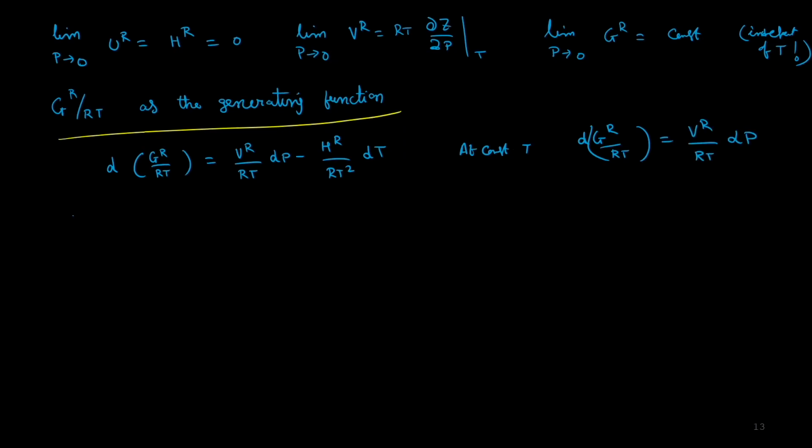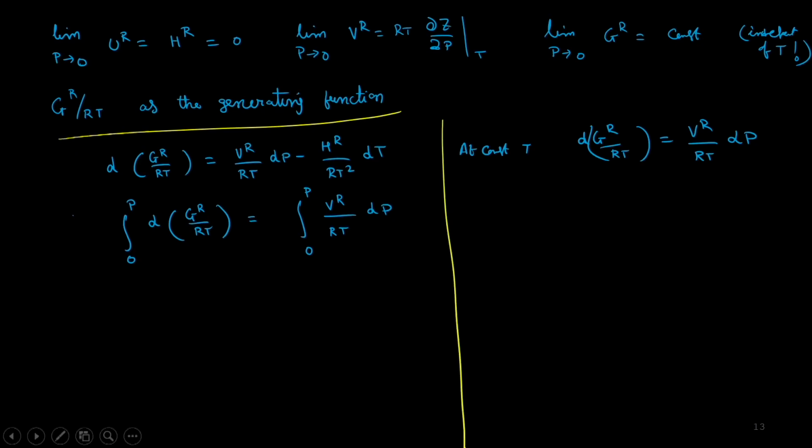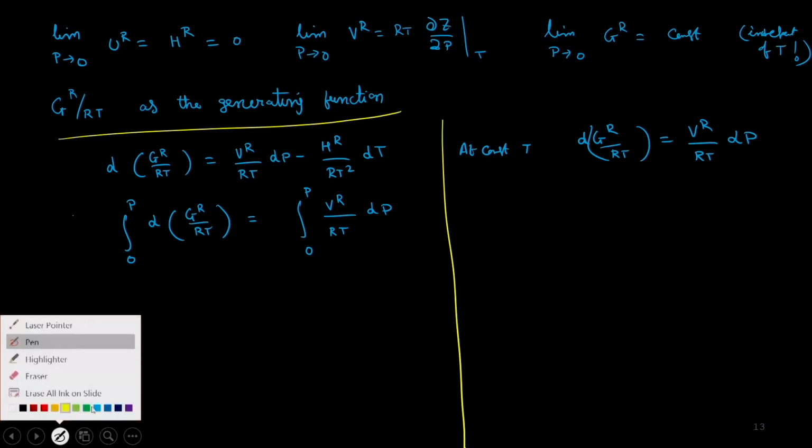So let me take the equation at constant temperature and let's see what happens if I integrate this equation. The integral going from 0 pressure to pressure P of d(G^R/RT) is going to be equal to the integral going from 0 to P of V^R by RT dP. Now, I'm going to make a few notes on the other side.